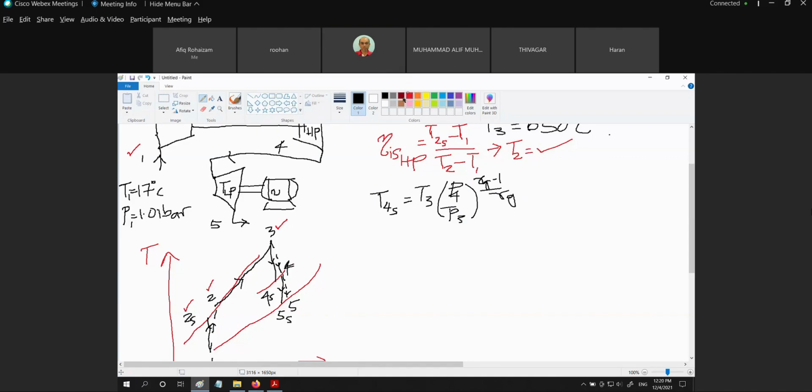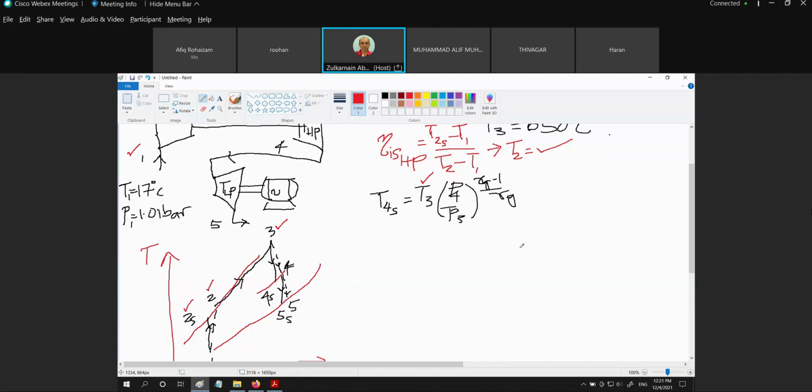If we analyze each parameter, we have T3. Do we have P4? Do we have P3? Guys? Jangan diam lah. I'm asking you a question. Do we have P4? No, sir. Do we have P3?